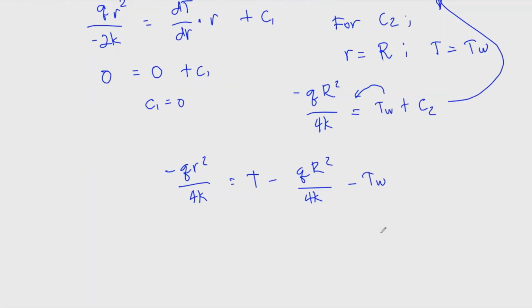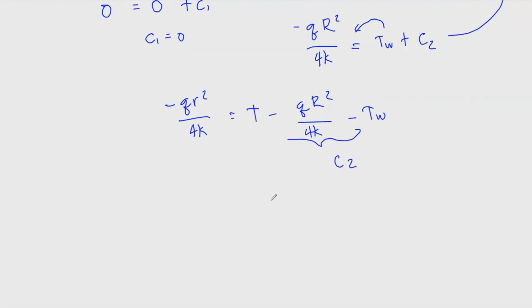This whole expression is actually c2. So I can also rewrite this as T minus Tw, that is equal to q R squared (capital) over 4k minus q r squared (small) over 4k.